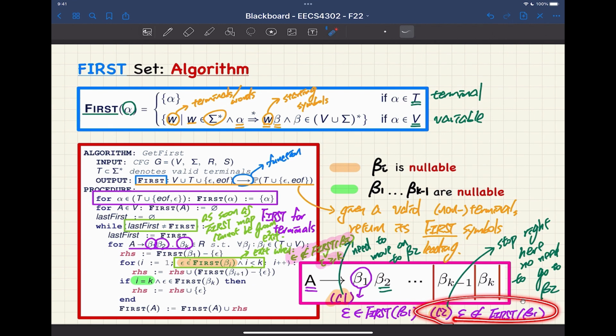So when you study the algorithm, try to link this exit condition here to case number 2. All right? And here we say as long as we actually got more beta i that's nullable, we can keep collecting it until we hit the wall with something that is not nullable. Let me put it here. Keep collecting.